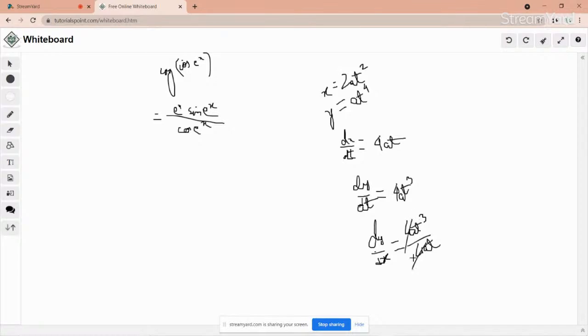These coefficients are cancelled, and the answer will be t square, if I'm not wrong. Yeah.